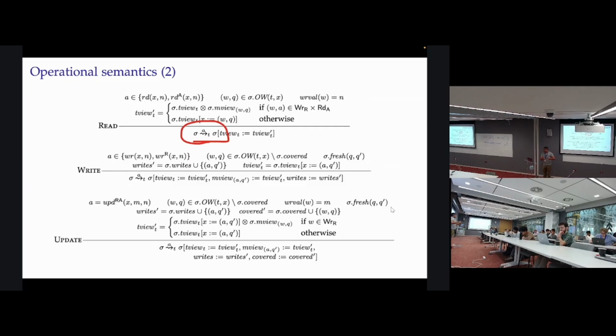All that's happening is that these functions are being updated. In the read, the only thing that happens is that this component gets updated. In the write, the thread view of the writing thread changes, and you get a few more updates.